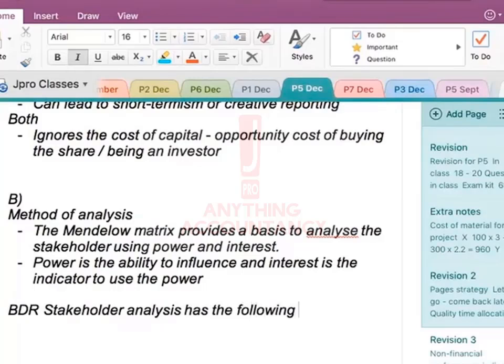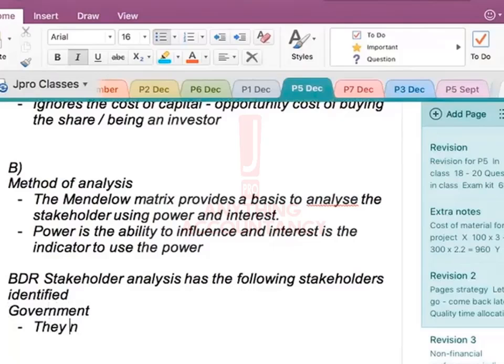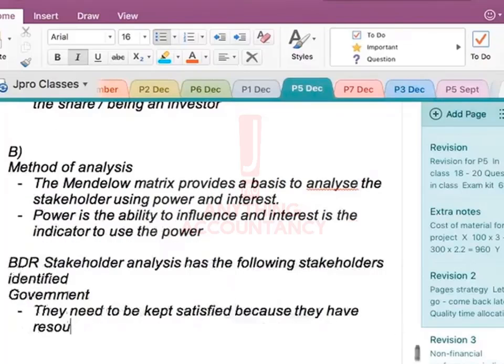Following, the first one will be the government, to be kept satisfied because they are funding it, right? They need to be kept satisfied because they have resource power via their funding.